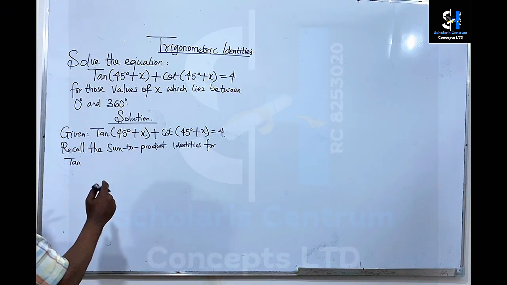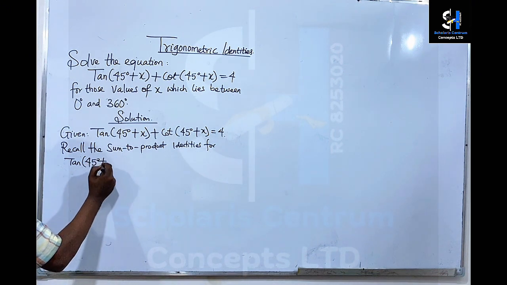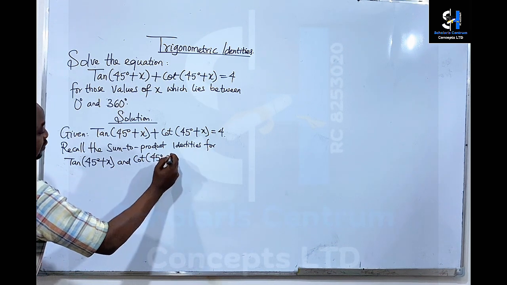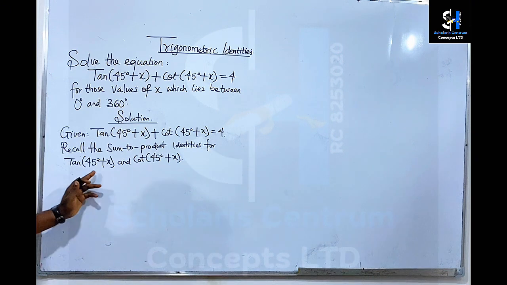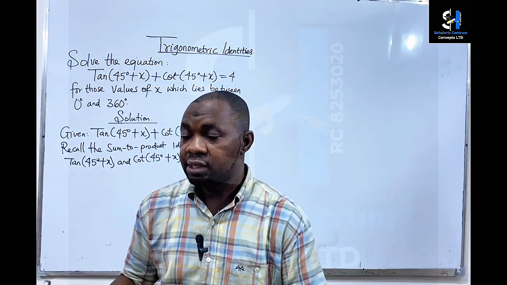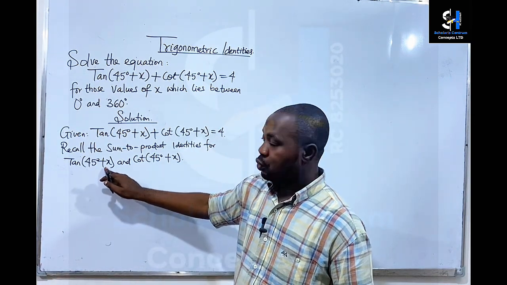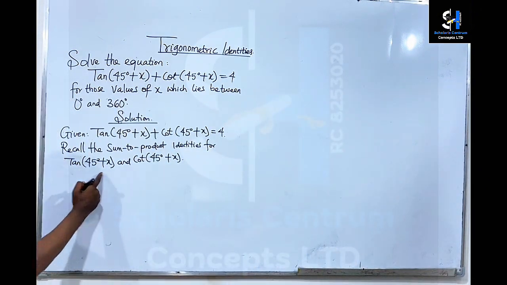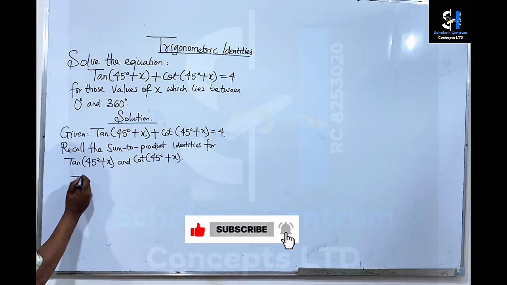That means tan(45 degrees plus x) and cot(45 degrees plus x). Why do we have to use the same 45 degrees plus x? For us to recall the identity in this case, we can make use of a letter to replace 45 degrees and x.